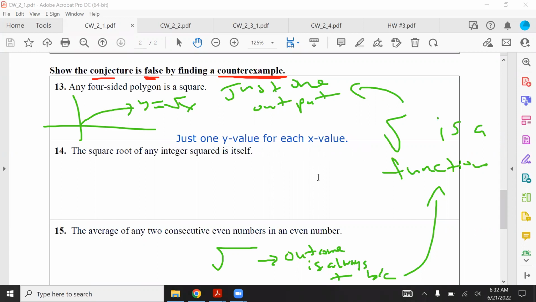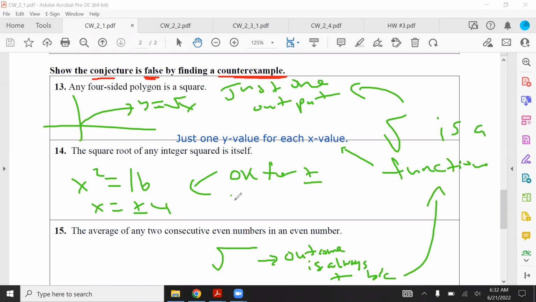That is true for all functions. So that's why you can't put plus or minus. The only time you do plus or minus is if you're solving an equation, then you could say that, because there are two values that make it work.